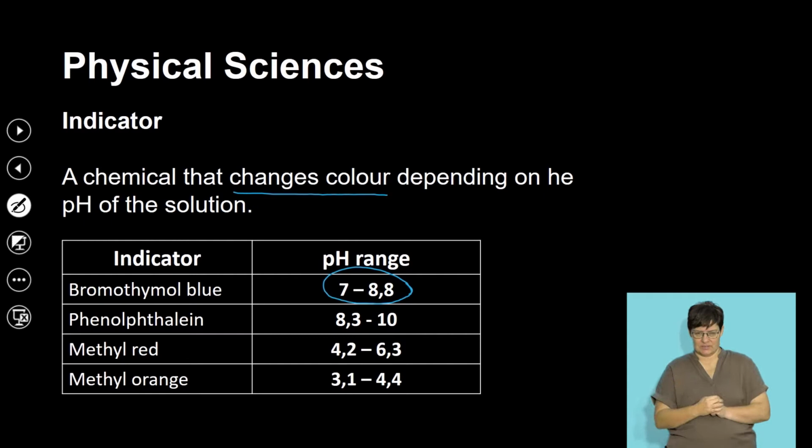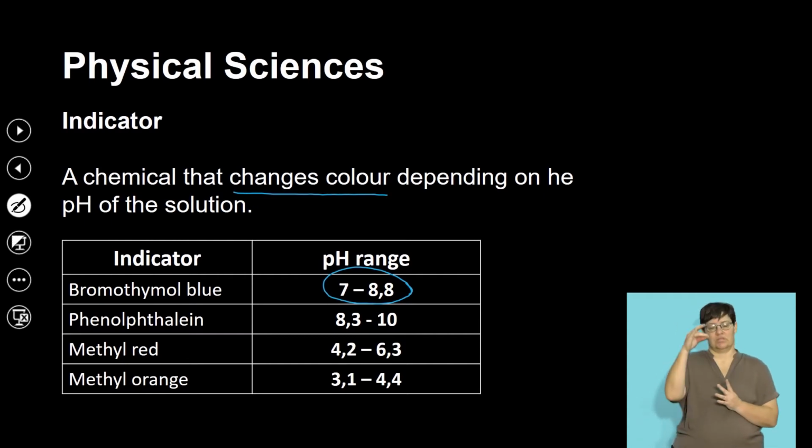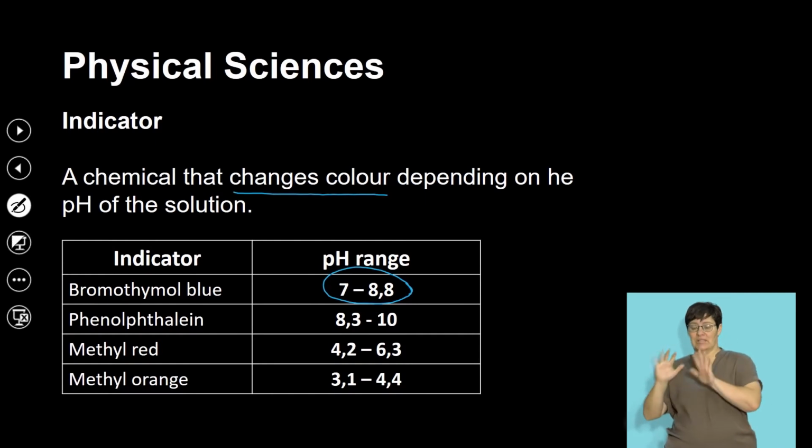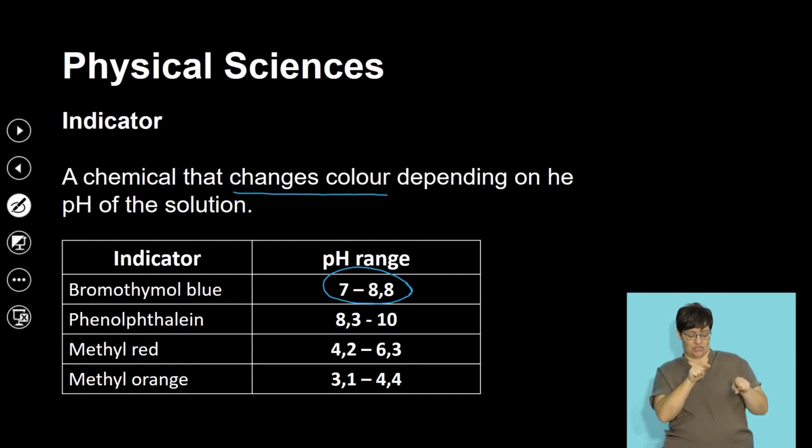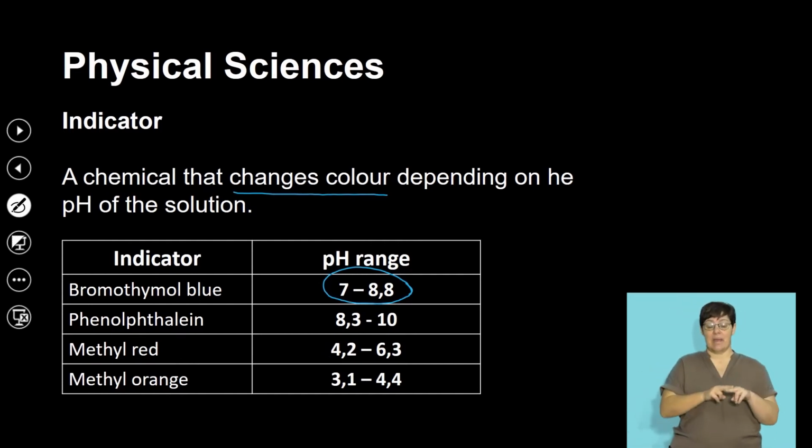This is the one we choose, for argument's sake, if you are reacting a strong acid and a strong base. We'll talk about strength at a later stage. There's also phenolphthalein between 8.3 and 10. Those are the pH values. We also have methyl red as well as methyl orange. So our choice of an indicator entirely depends on the type of acid and base involved in that chemical reaction.